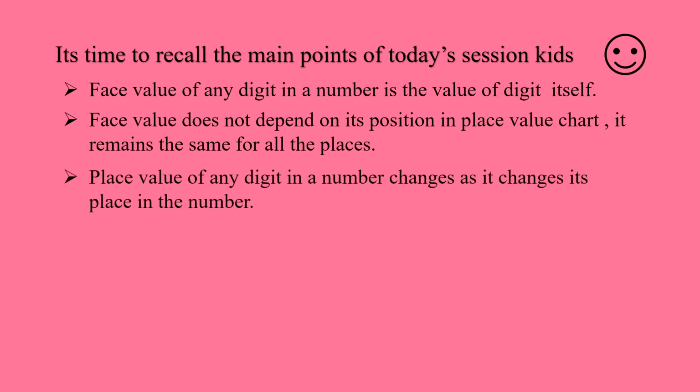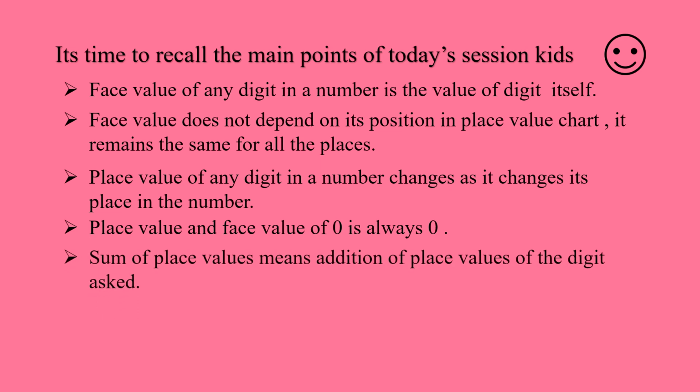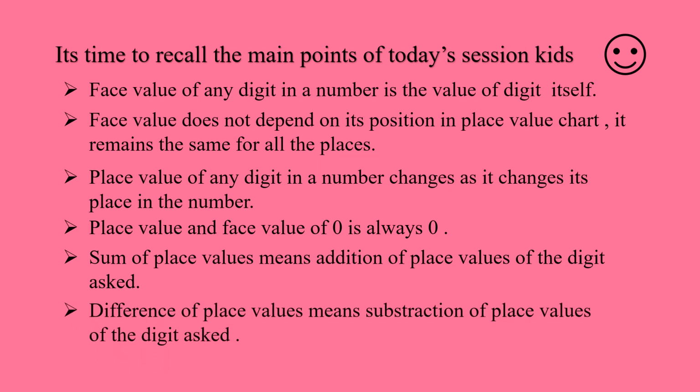Place value of any digit in a number changes as it changes its place in the number. Place value and face value of 0 is always 0. Sum of place values means addition of place values of the digit asked. Difference of place values means subtraction of place values of the digit asked.